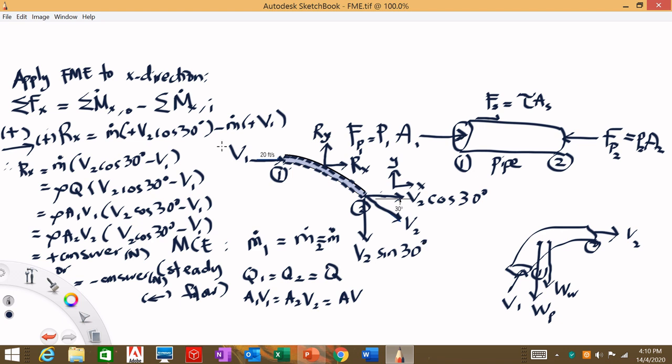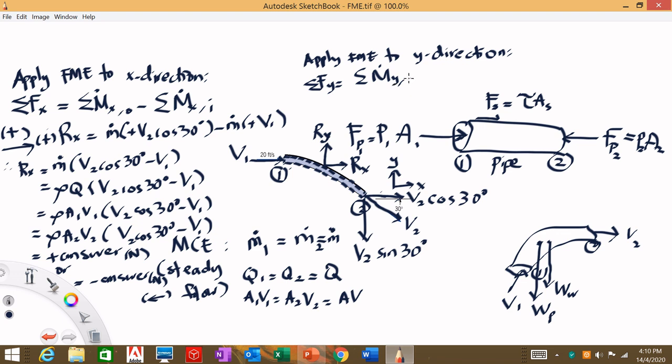So this is for the x direction. If you apply the force and momentum equation to the y direction, this will be replaced with y, m dot y. Remember that this m dot is capital M. Small m is for mass.